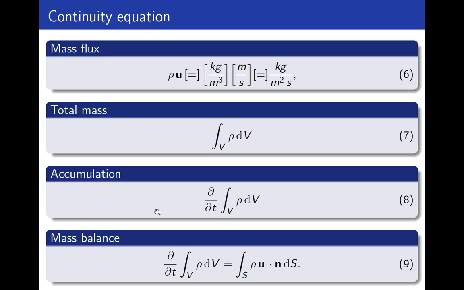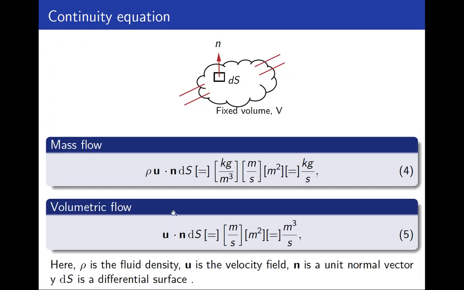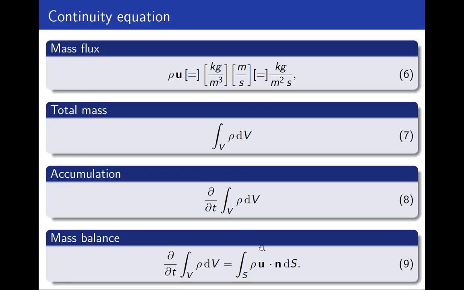What is accumulation? A simple mass balance without chemical reaction can be obtained as follows. The accumulation has to be equal to the surface integral of this quantity, which we saw was the mass flow. What is the physical meaning of this equation?